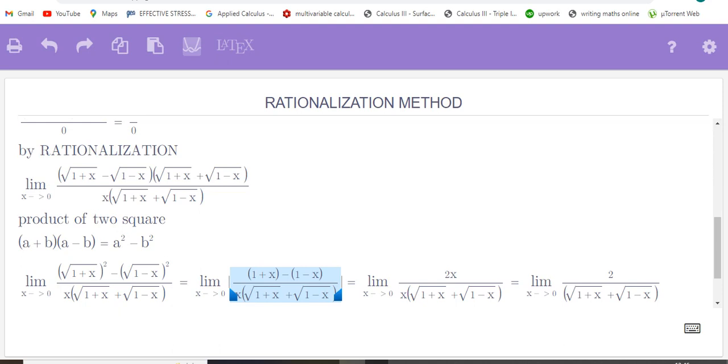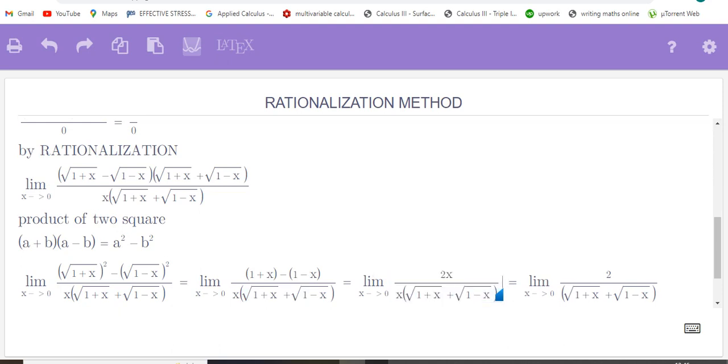Minus 1 minus x, and the denominator is maintained. Simplifying further, 1 minus 1 is 0, and x minus minus x is x plus x, which is 2x. That brings us to this part: 2x divided by x times the conjugate. Now we cancel the x in the numerator and the x in the denominator, so that we have 2 divided by root of 1 plus x plus root of 1 minus x.